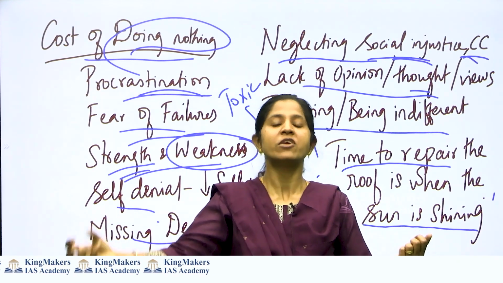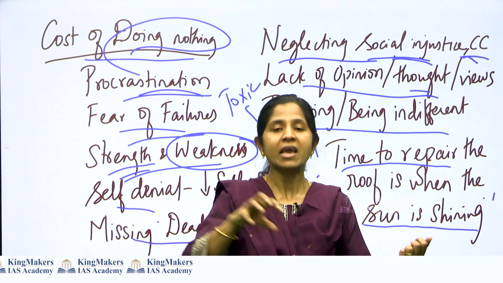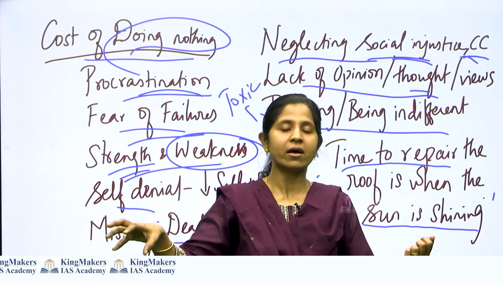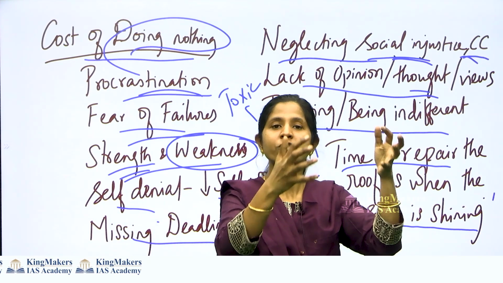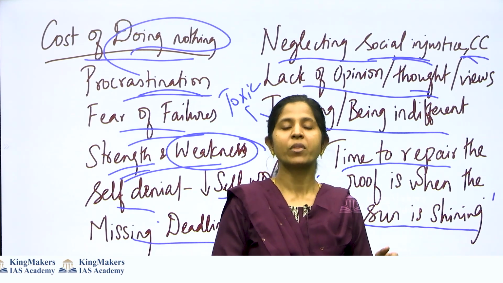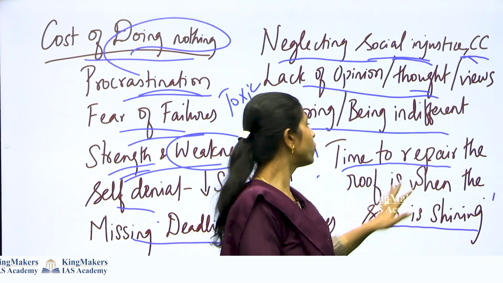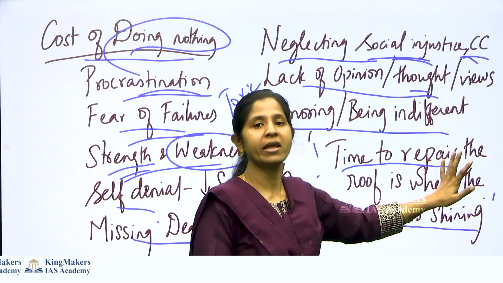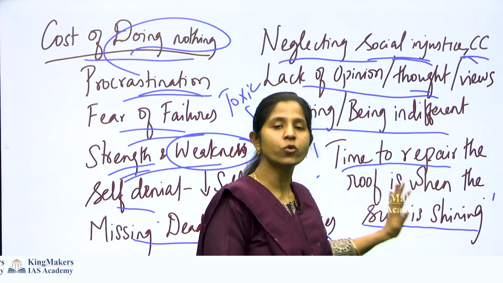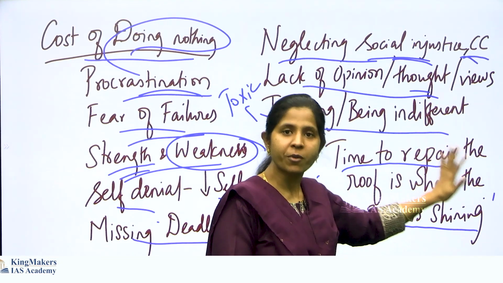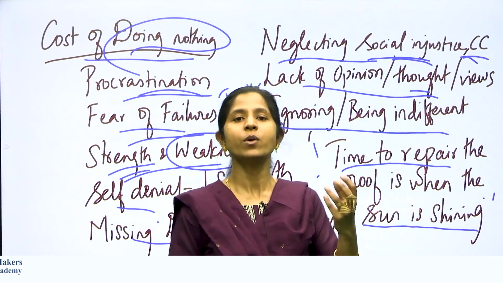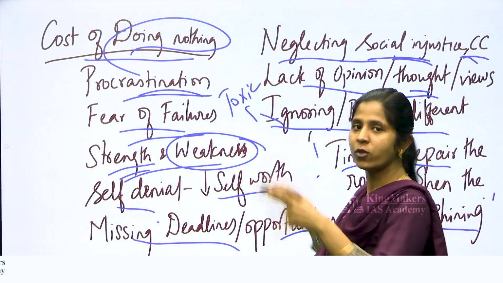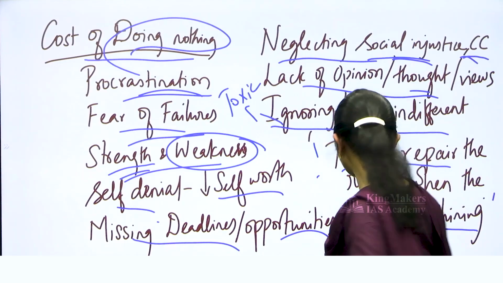This senior population is a dependent population to whom we have to provide services, rather than the youth who will be contributing to the economy. So we have to repair the roof: skill the youth and provide them employment. This is one quote which you can use somewhere and substantiate.